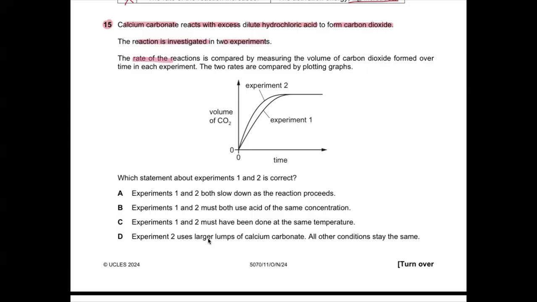The rate of reaction is compared by measuring the volume of carbon dioxide formed over time in each experiment, and the two rates are compared by plotting a graph. If you see the graph, experiment one has a lower gradient and experiment two has a higher gradient. So its rate is relatively lower, and the other is relatively higher, right?